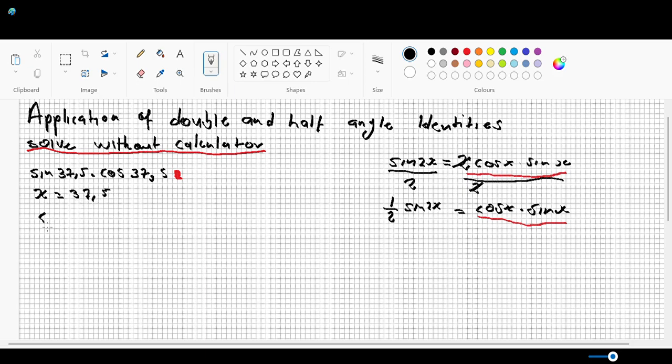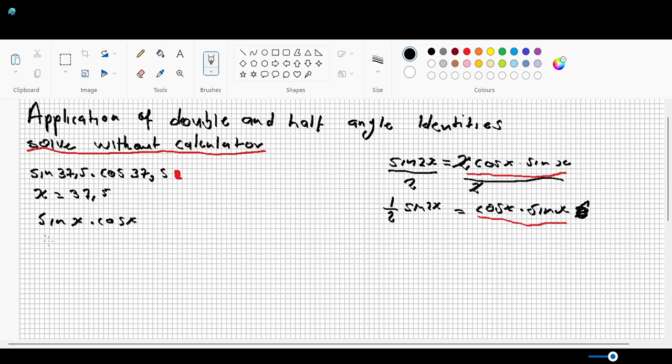If you rewrite this, we can write sine x multiplied by cos x, which is the same as this problem here. Do you guys see? It's the same. So we can say this is the same as half sine 2x.